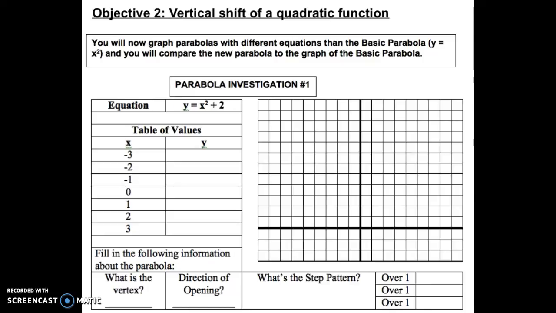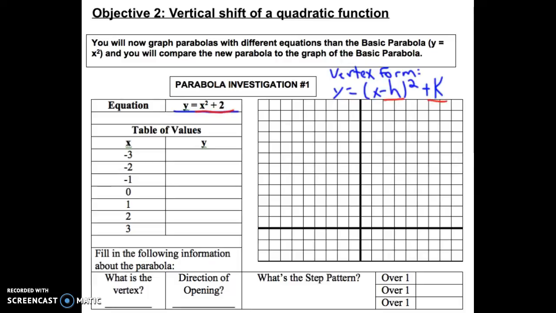If I was going to model this, I would first notice that I can consider this function here, y equals x squared plus 2, to be in vertex form. Again, vertex form is y equals x minus h squared plus k. So I'm going to plot all the points on my table of values there, but I also want you to be able to develop the skill of noticing the locations of an h and a k in the given function.